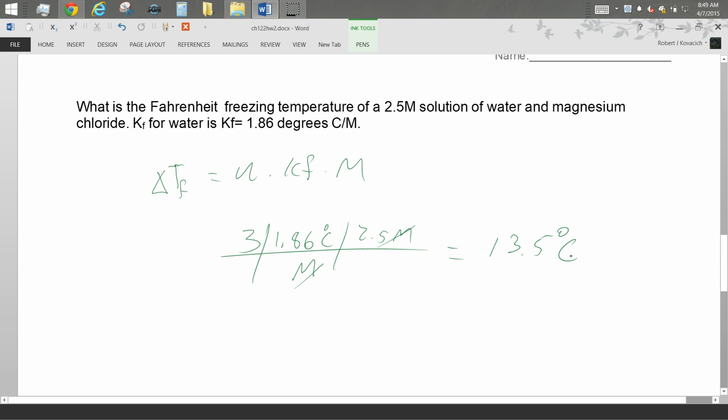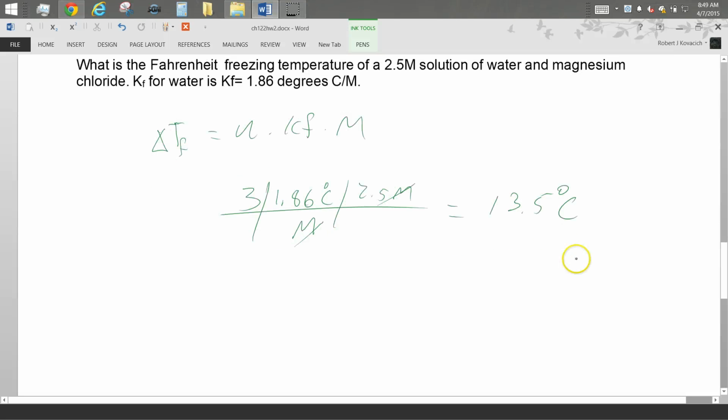All right, so that part's pretty simple. This next part can be confusing. So what did we just calculate? We calculated the change in the freezing point in Celsius, right? So what temperature is the water now freezing at? Negative 13.5. Okay, great. So I've got negative 13.5.